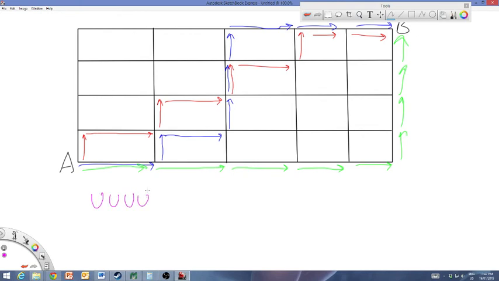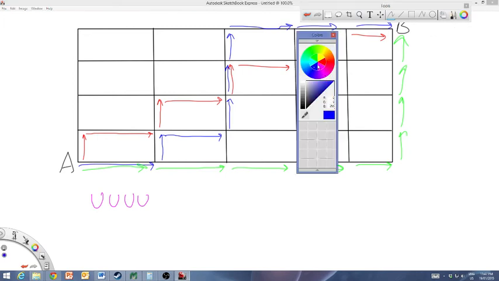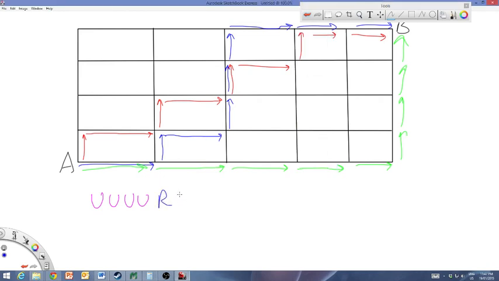Always have to go up 4 times. Now to the right, I have to go 1, 2, 3, 4, 5. So I have to go 5 ways to the right. And I'll call that R. So R, R, R, R, R. Sound like a pirate. Okay. So I always have to go 4 up, and I always have to go 5 right.